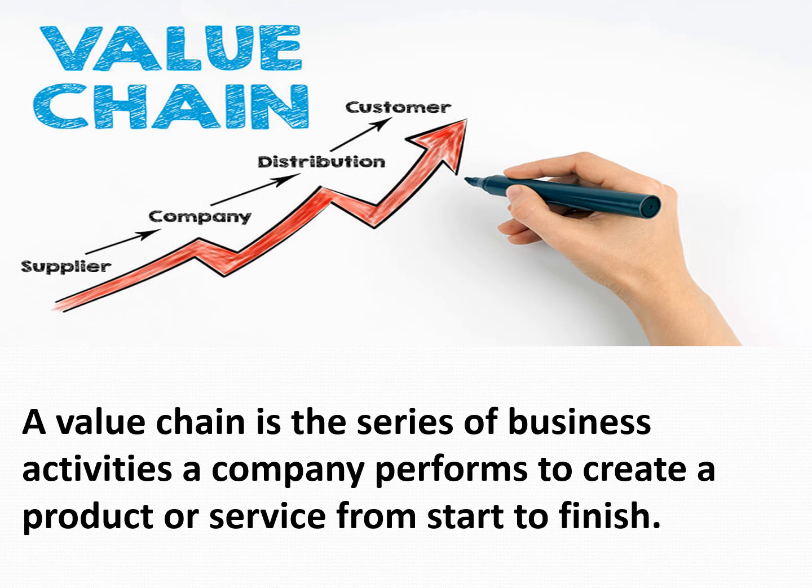So now let's first define what is a value chain. A value chain is the series of business activities a company performs to create a product or service from start to finish. The idea of value chain was first introduced by Michael Porter in his book in 1985.